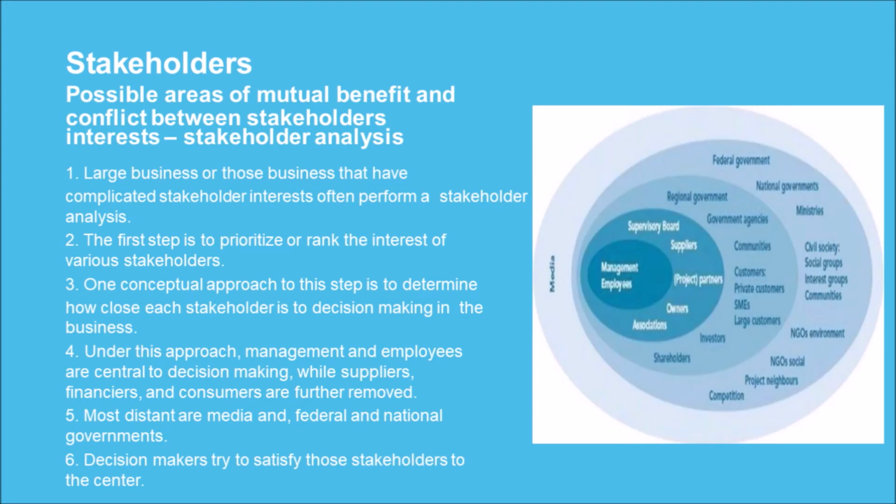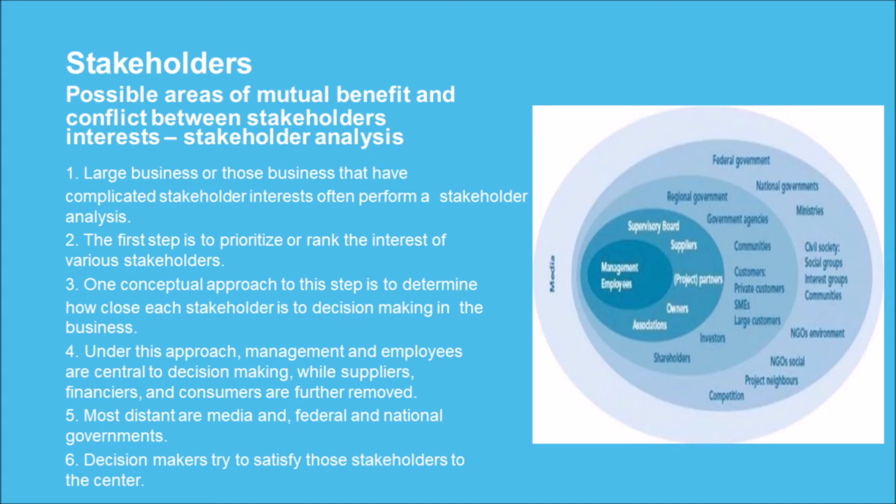Possible areas of mutual benefit and conflict between stakeholders' interests. Stakeholder analysis. 1. Large businesses or those businesses that have complicated stakeholder interests often perform a stakeholder analysis. 2. The first step is to prioritize or rank the interests of various stakeholders. 3.